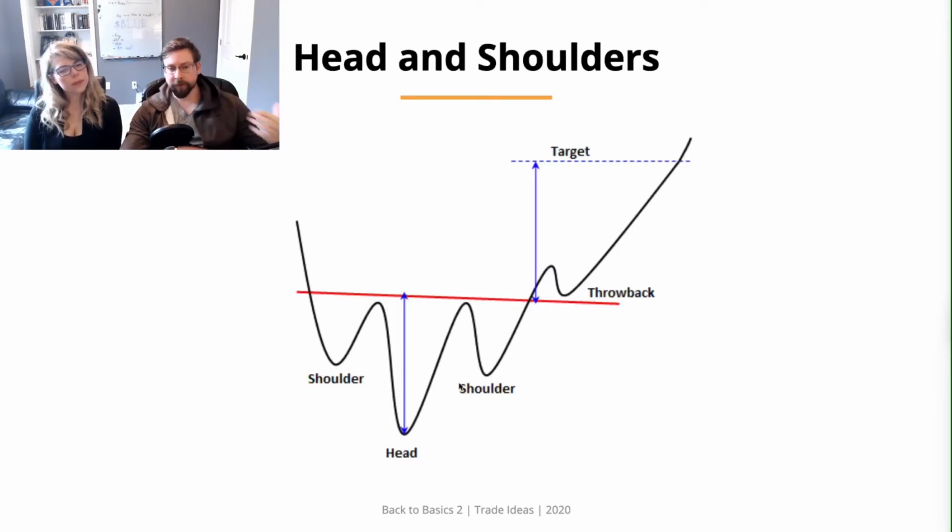But essentially it just means, again, I always want to equate these back to they're not magic patterns. They're psychological phenomena. Stock selling goes down to $10 and then it bounces. And then it sells down a little further, it goes to $7 and then it bounces again. And then as you would think about it, if this was a trend, this next trough should be lower than the head, but it's higher.